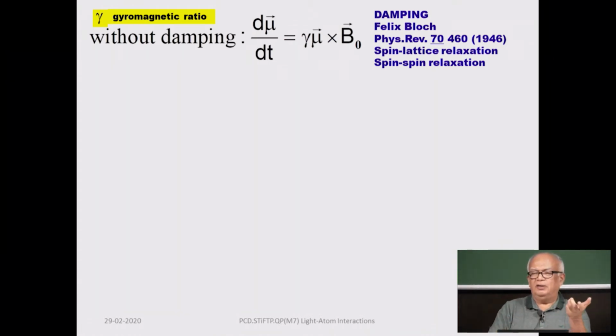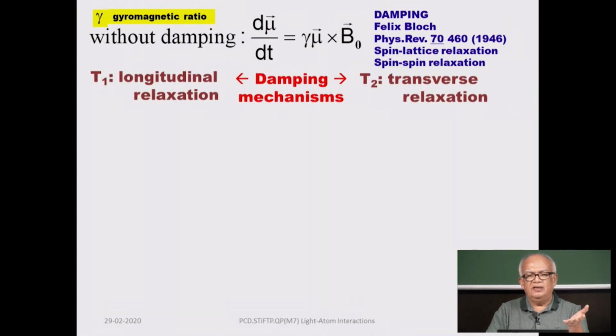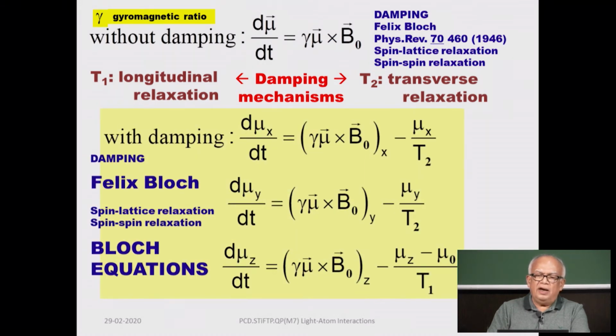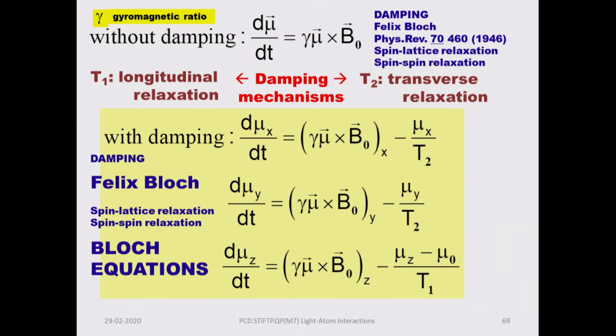He considered it in the context of the nuclear Zeeman effect, which is the same mathematics and the same quantum mechanics essentially. So, there are these two relaxation modes that Bloch considered, and he introduced damping through these relaxation times. One is T1, which is the longitudinal, and the other is transverse, which is T2.